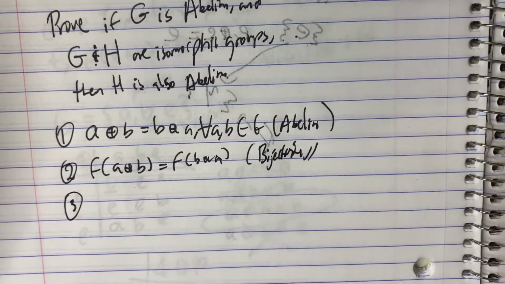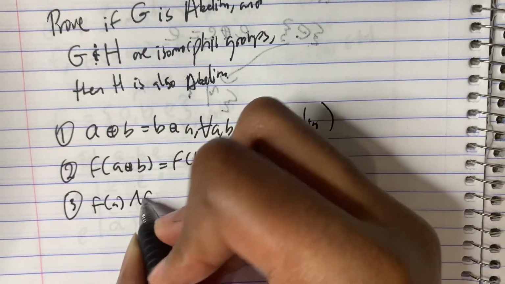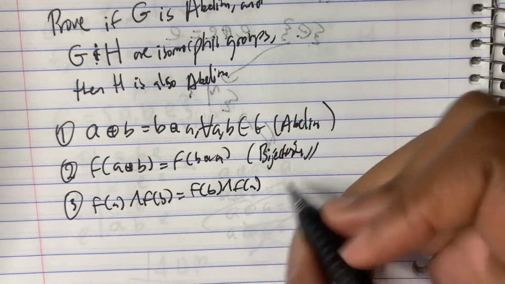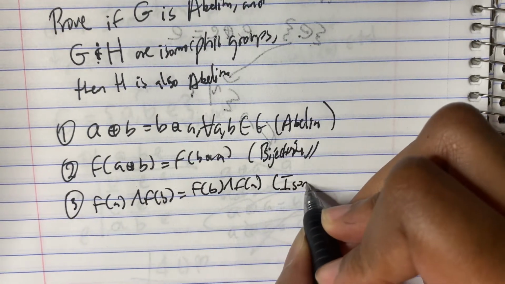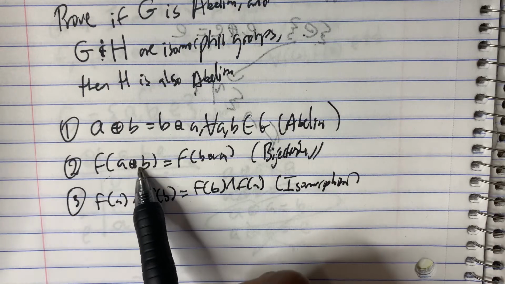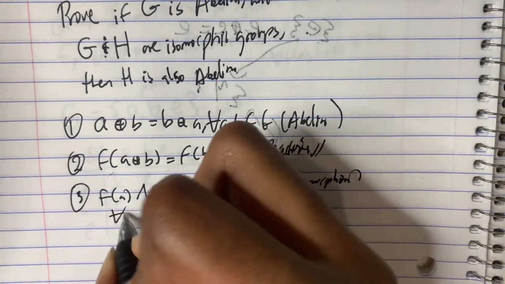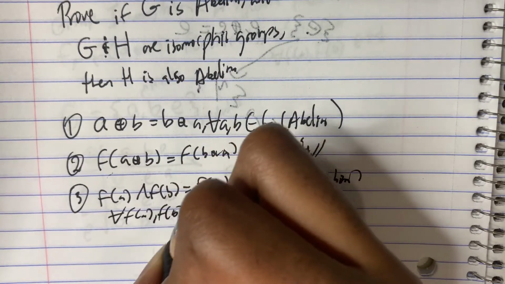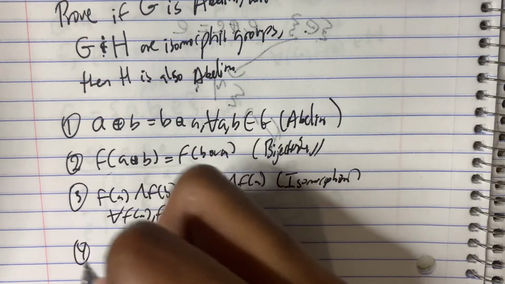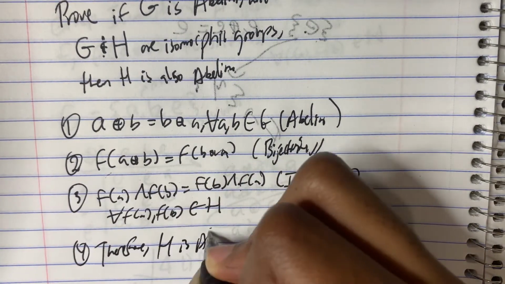Third, F of A wedge F of B will be F of B wedge F of A, and that's just the definition for an isomorphism, right? F of two elements being operated together will be F of A wedge F of B, for all F of A and F of B that are elements of H. Therefore, H is abelian too, right?